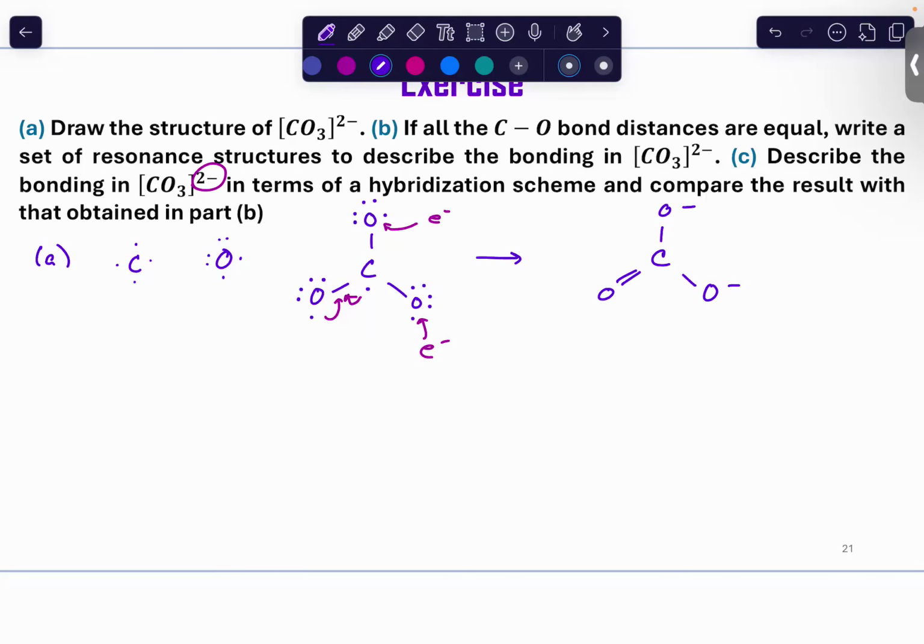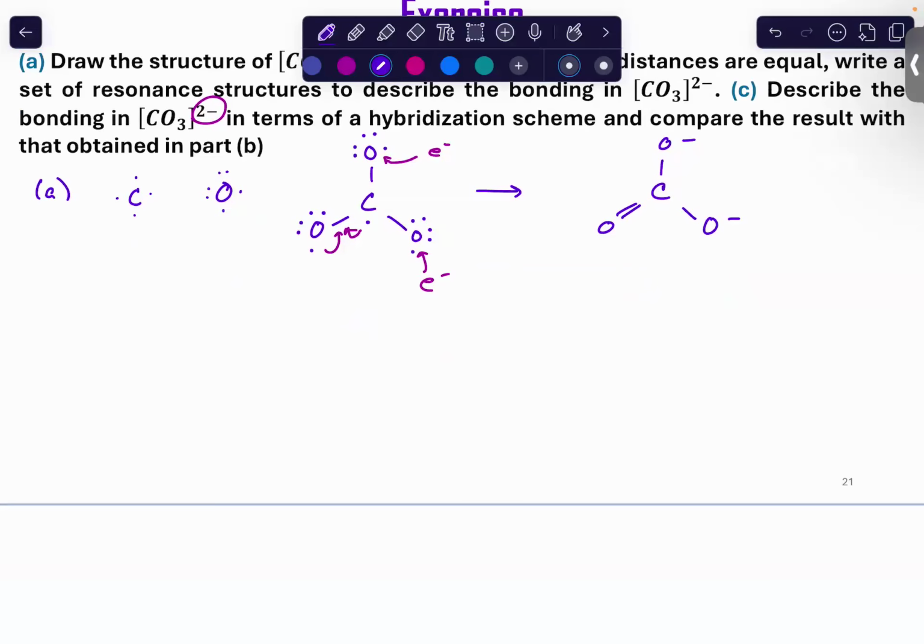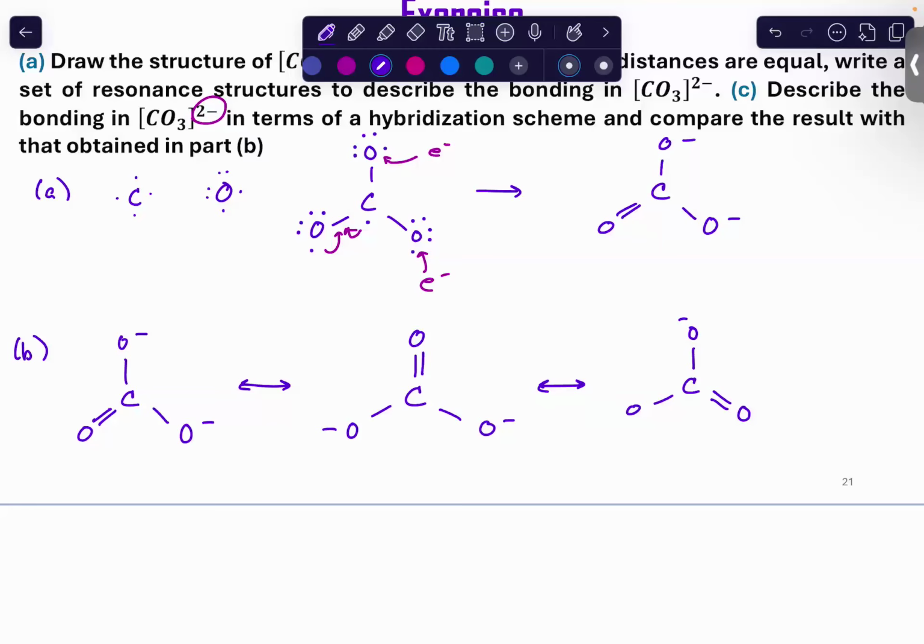Now, let's draw the resonance structures. This is B. There's our resonance structures.